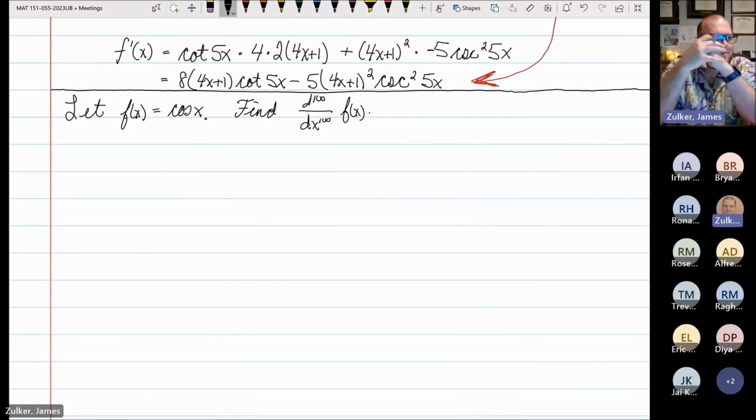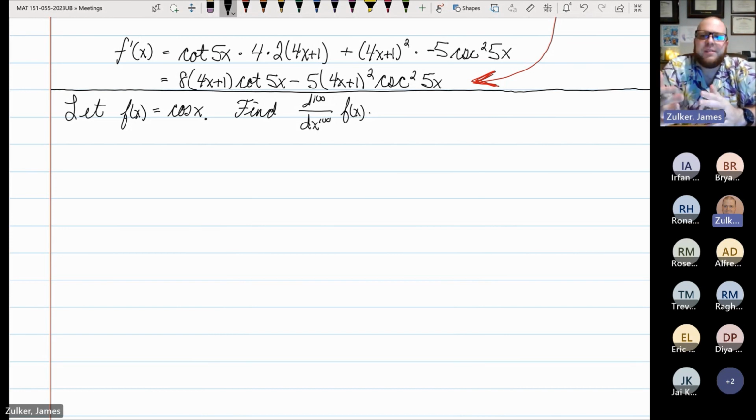Let's take a look at this. So we're given f of x is cosine. We're asked to find the 100th derivative of f. Right, so remember what the 100th derivative means.